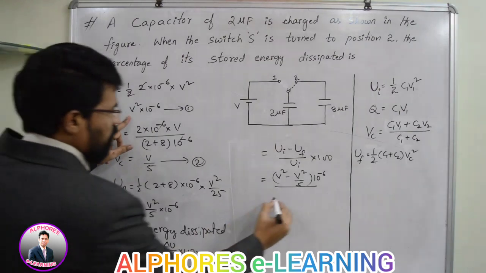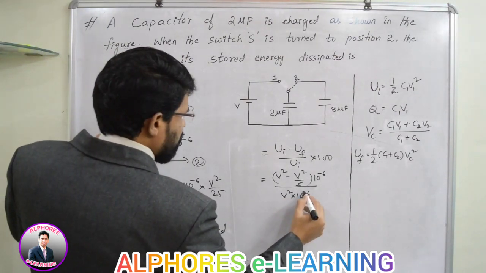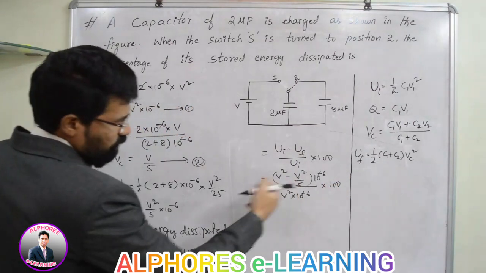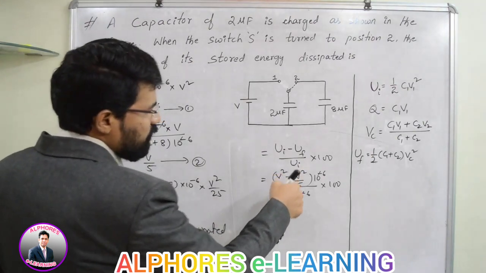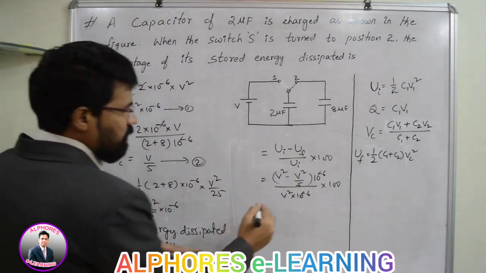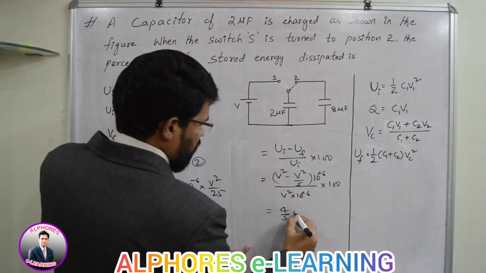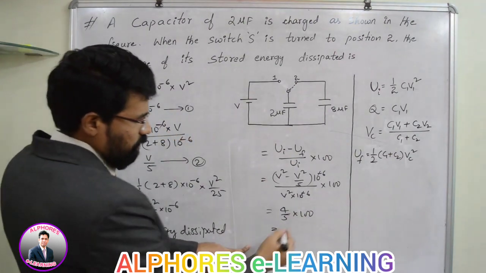What is Ui? V square into 10 power minus 6. The 10 power minus 6 terms get cancelled. Here 100 is there. If you take out V square common, V square gets cancelled, and finally what you are left with is 1 minus 1 by 5. 1 minus 1 by 5 is 4 by 5, into 100. So finally what will you get?